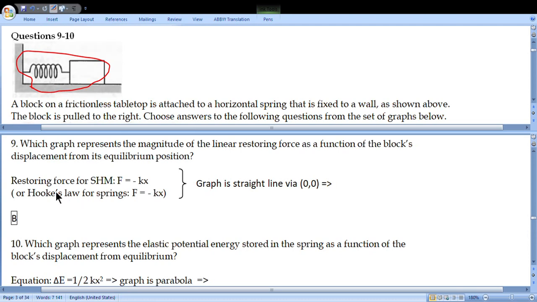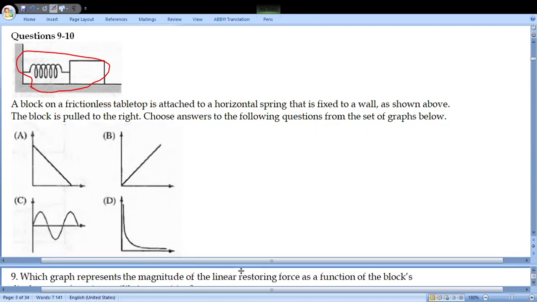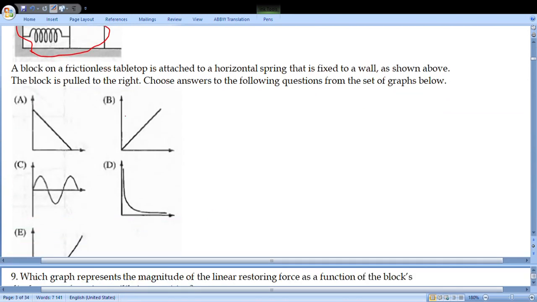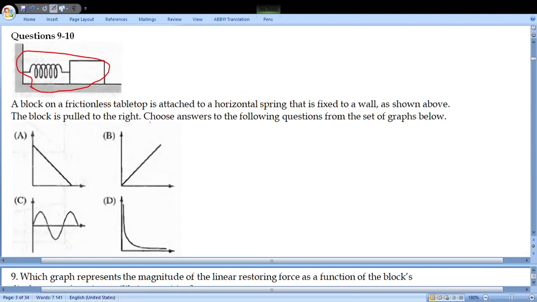Or because we have a spring here, we can say that force equals minus kx. In both cases, force is directly proportional to displacement, and in this case the graph should be a straight line through the origin. Let's see whether we have this. Yes, we have B, a straight line through the origin. We should take choice B.